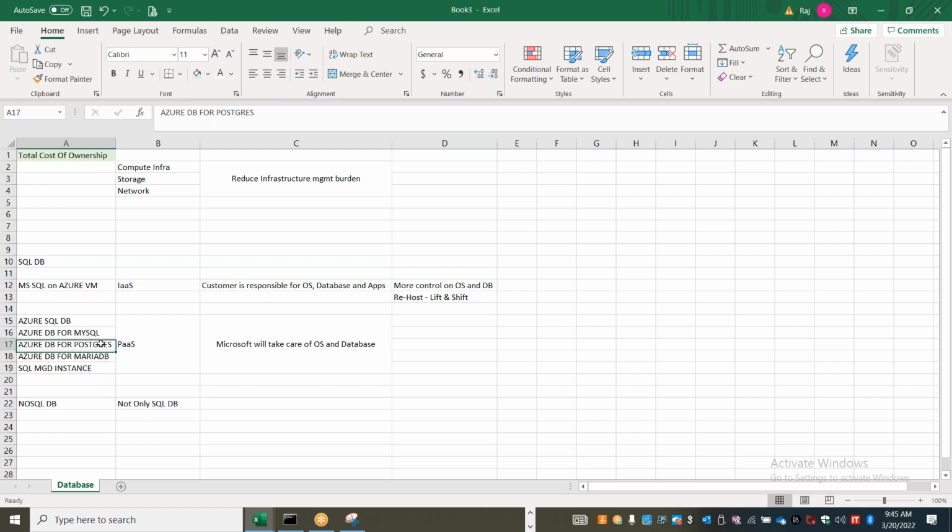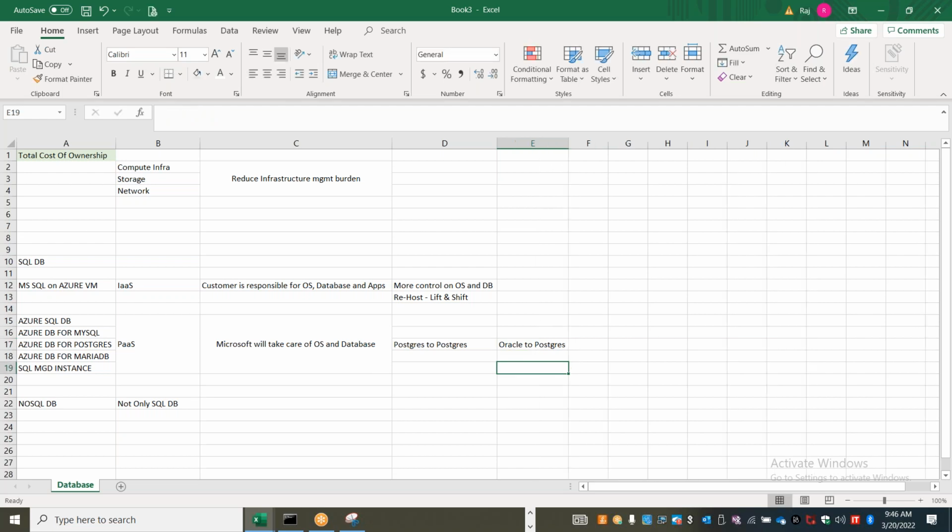It's not that you have to do like for like. It supports homogeneous and heterogeneous migration, meaning you can migrate from on-prem Postgres to cloud Postgres, or you can also go from Oracle to Postgres. You can do heterogeneous migration and convert from an Oracle workload to Postgres.